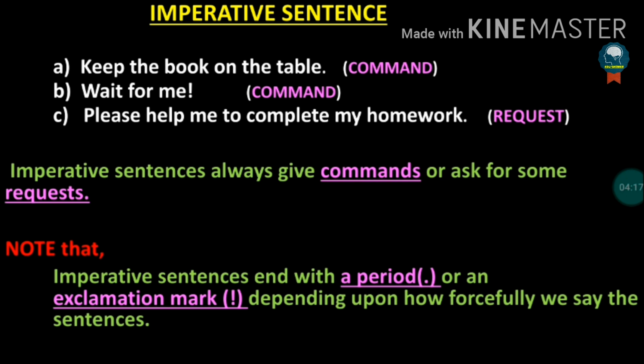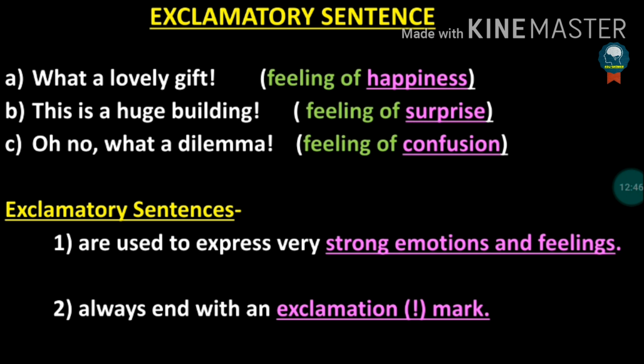So from this we get to know that imperative sentences may end with a full stop or an exclamation mark depending upon how forcefully we say the sentence. Now let's move on to the last type of sentence, that is exclamatory sentences. First, look at the following examples. Number 1, what a lovely gift.